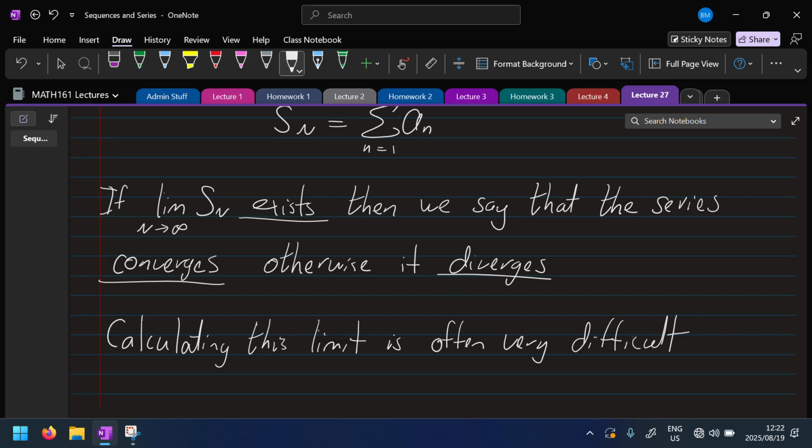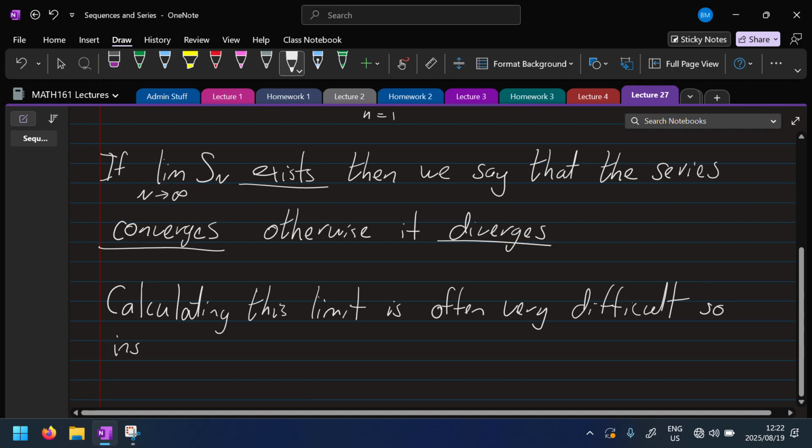For some special cases, we can calculate it, and we'll have a look at some examples of that. But most of the time, for a given sequence, this is far too difficult to calculate. So instead, we use one of these 10 series convergence tests. There's 10 of them we'll go through. Given a particular series, you can use one of these tests to tell if it converges or diverges.